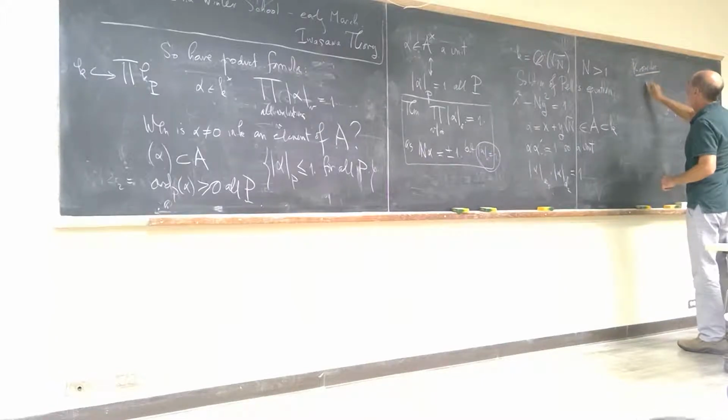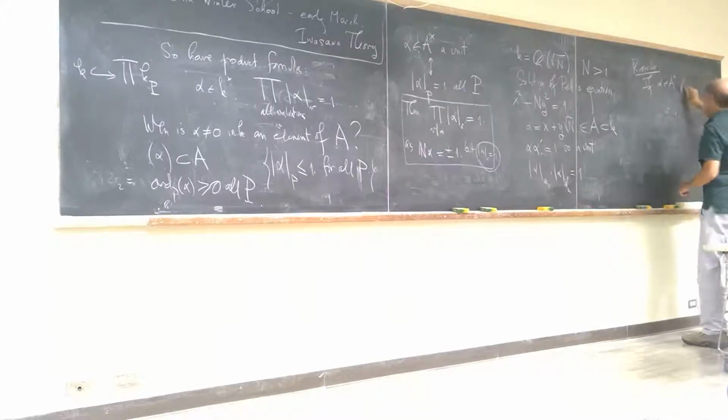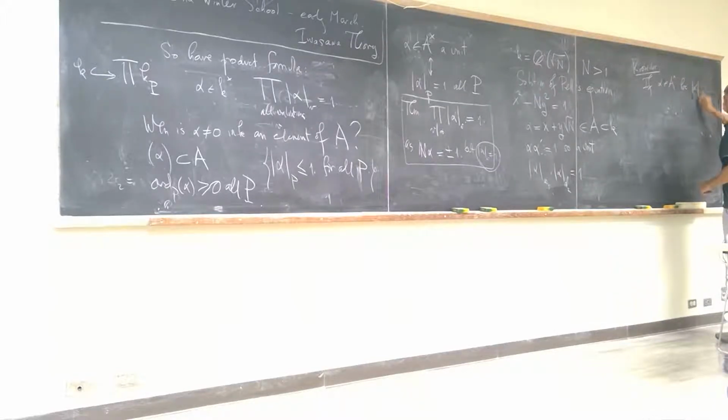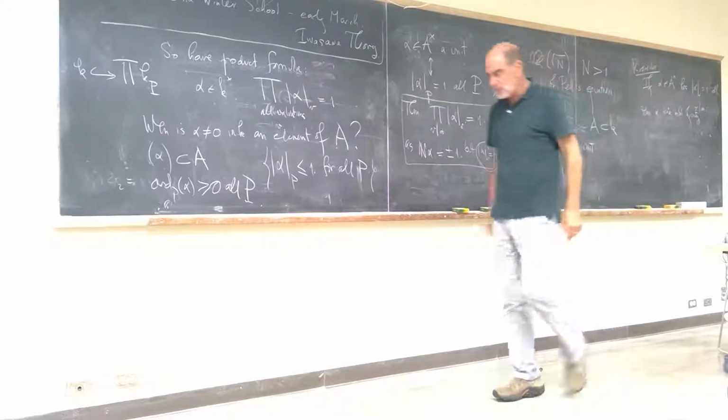Says that if alpha in A star has alpha_v equal to 1 for all v dividing infinity, and consequently for all valuations, then alpha is a root of unity. And roots of unity have that property because no matter how you embed them in the complex numbers, they end up on the unit circle.